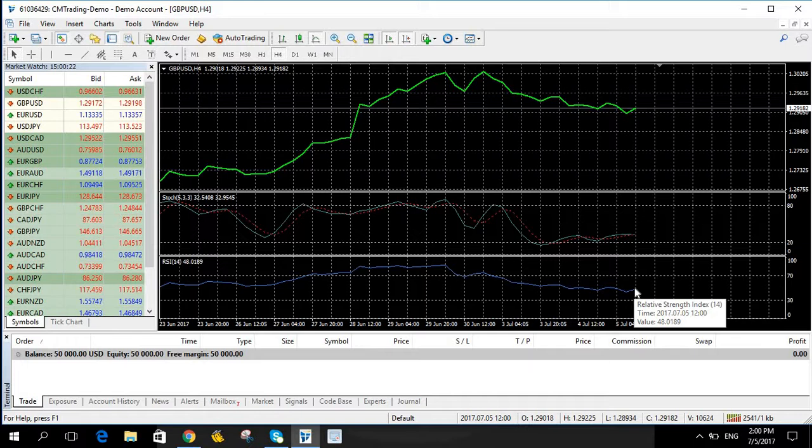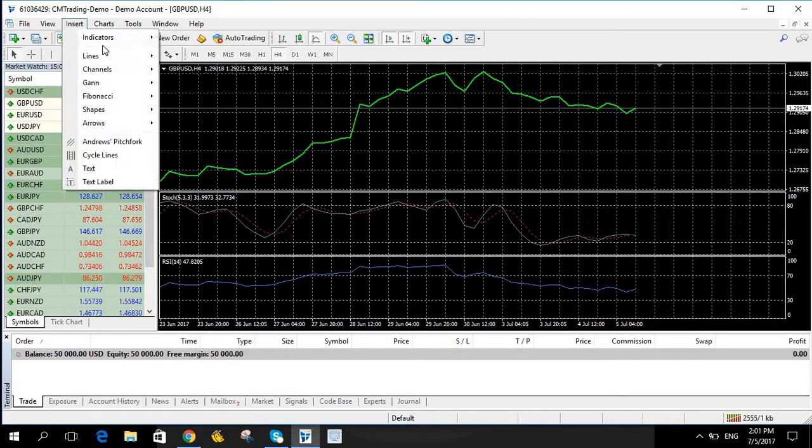When RSI is below 50, it shows a sell momentum, and we can see the value here. Always just put your cursor at the tip of the relative strength index, and then you will see the value there. So the RSI is also showing that GBP USD is going to go down, or it's still in the declining state.